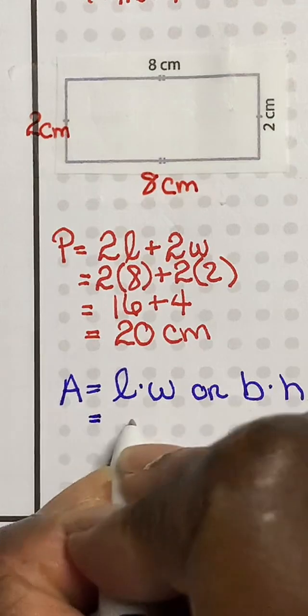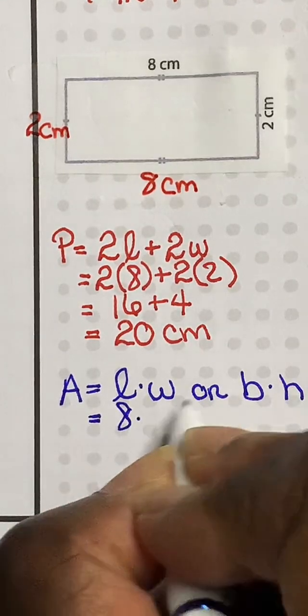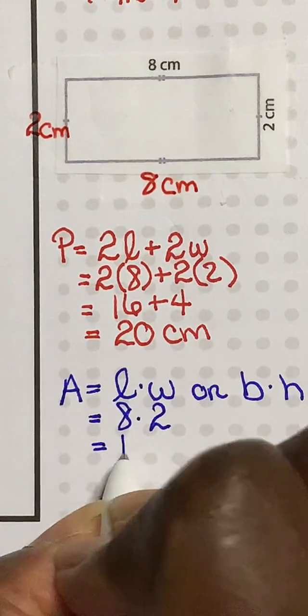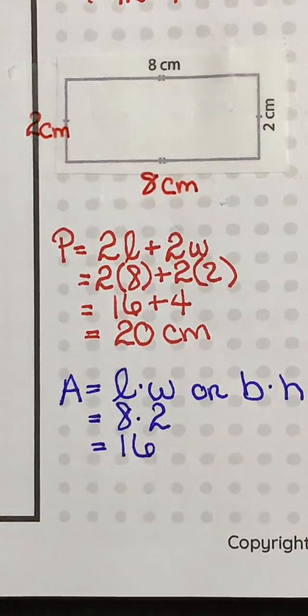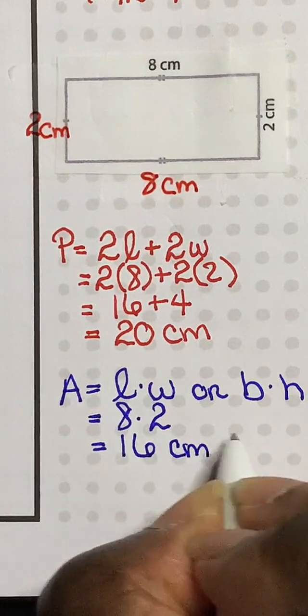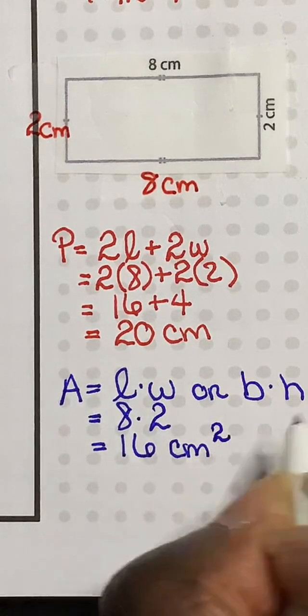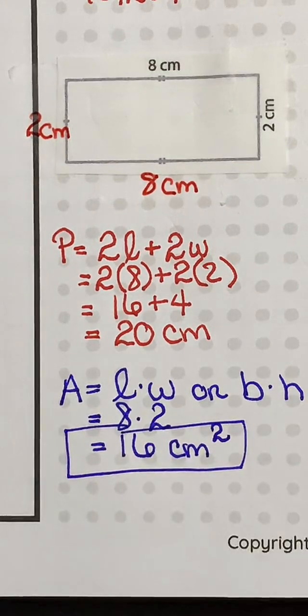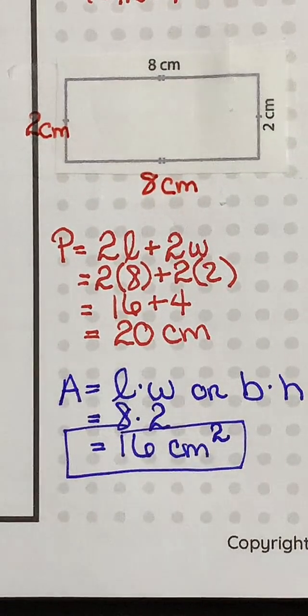That's it. So you have your 8 times your 2. 8 times 2, that gives you 16. But since we're finding the area, it's squared centimeters. Okay? That's it.